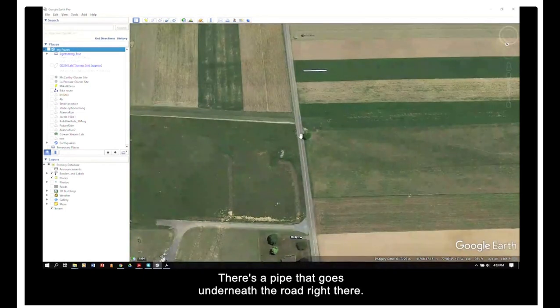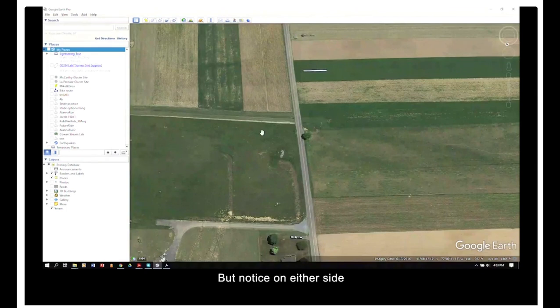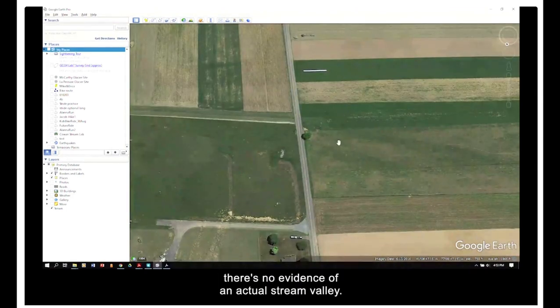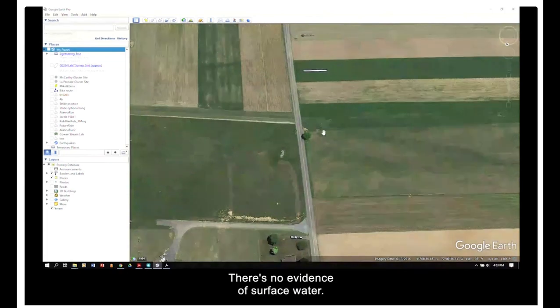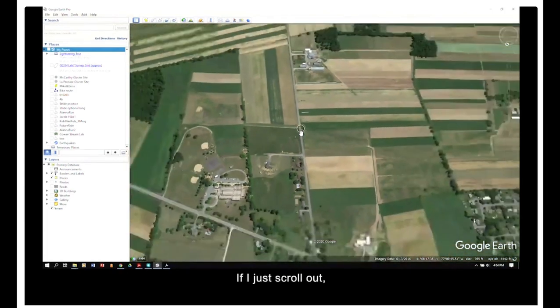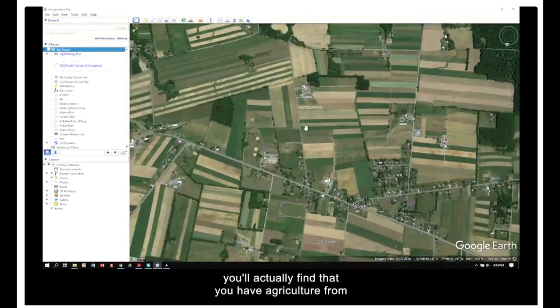There's a pipe that goes underneath the road right there. But notice on either side of the road, aside from that pipe, there's no evidence of an actual stream valley. There's no evidence of surface water. If I just scroll out, you'll find that you have agriculture from one side of the valley to the other, and there's really no indication of any surface water.